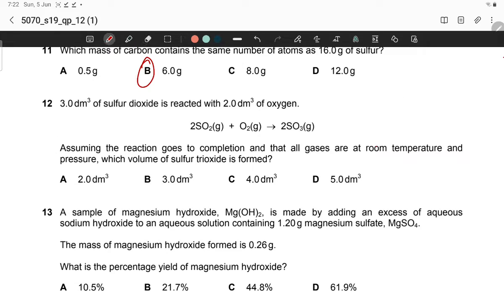3 dm cube of sulfur dioxide is reacted with 2 dm cube of oxygen. Assuming the reaction goes to completion and that all gases are at room temperature and pressure, which volume of sulfur trioxide is formed? So we have 3 dm cube and this is 2 dm cube.